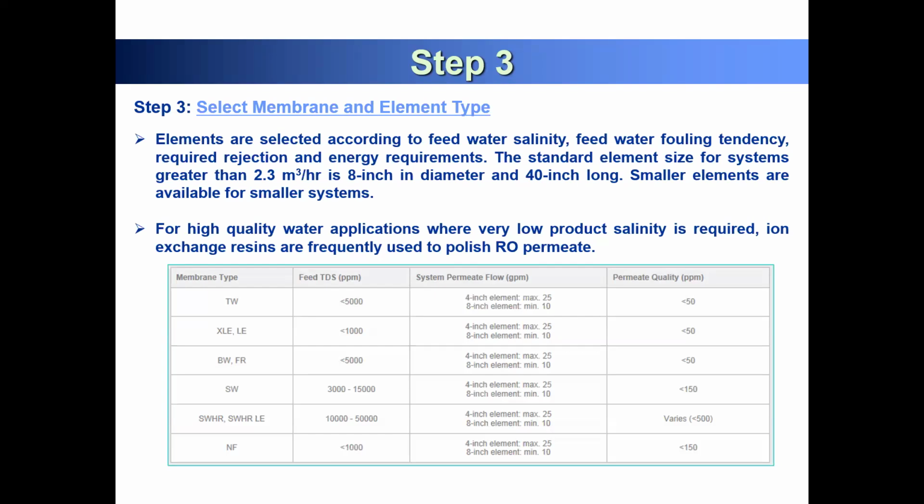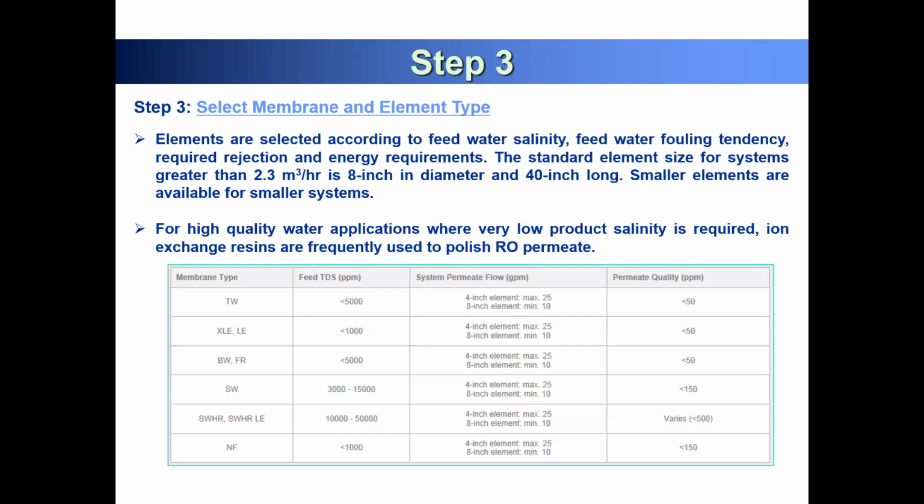Depending on your design, you will receive a permeate quality of less than 500 milligram per liter. And nanofiltration, also less than 1,000 milligram per liter, you can utilize. Just to simplify, for your design of seawater, we can select SWHR for your assignment.